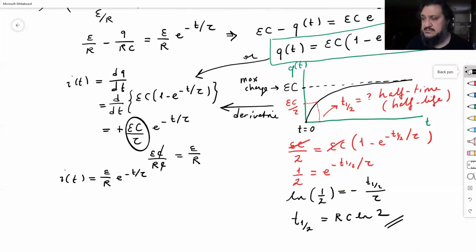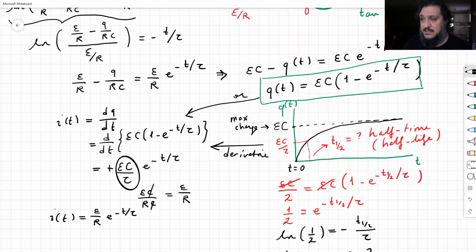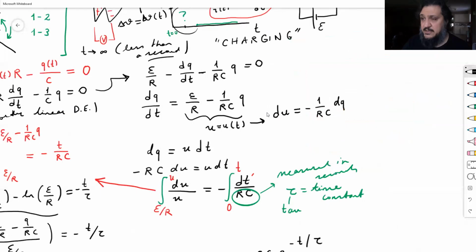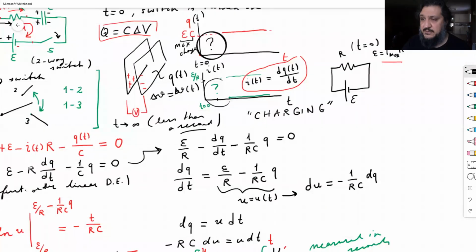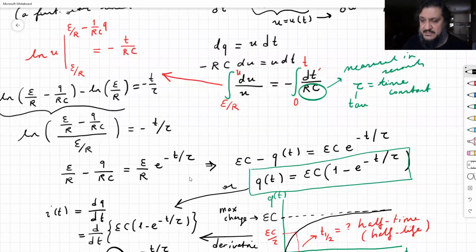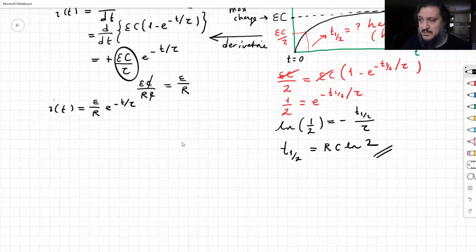Okay, and it makes sense because when t goes to infinity, e to the negative infinity is going to be 0, and I becomes 0. But if t is 0, then e to the 0 is 1, and you have E over R as the initial current. Indeed, that's what we said here, right? If you look at this picture here, the initial current was E over R. So that matches. Let's plot it.